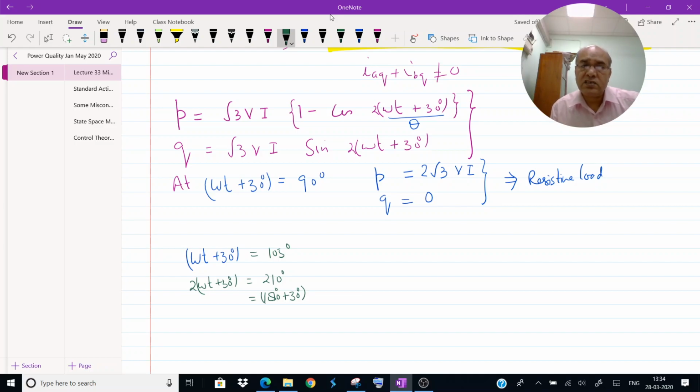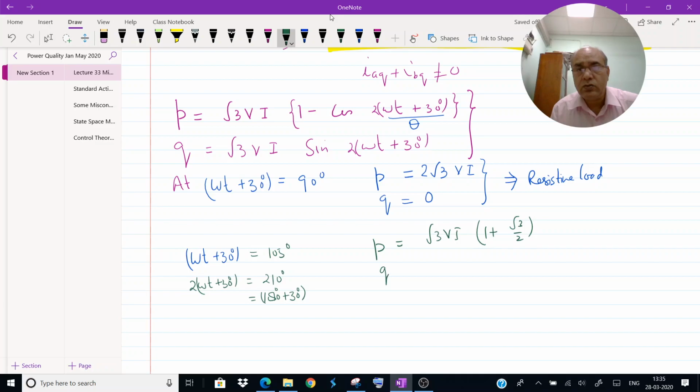So what is cos of 180 plus 30? It is minus cos 30, and minus cos 30 is root 3 by 2. So 1 plus root 3 by 2. So P becomes root 3 bi into 1 plus root 3 by 2.